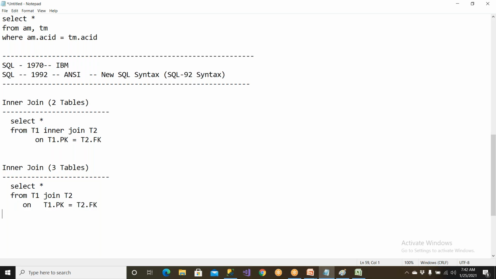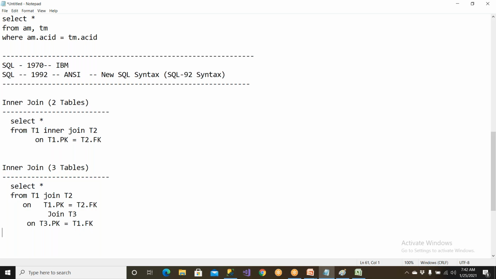Then later you should say join T3 on T3.primary key is equivalent to T1.foreign key. So this is how three tables can be joined.